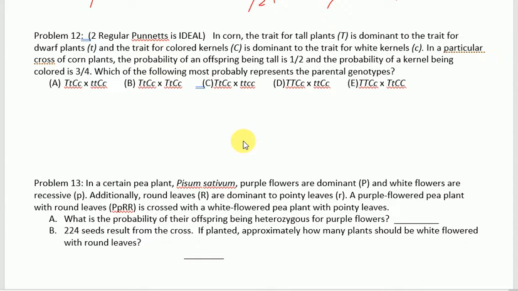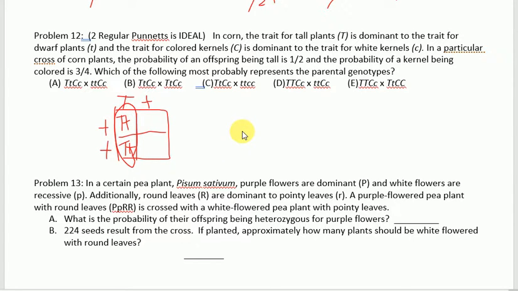So, based on what we know of our ratios, 1/2, in order to get a 1/2 of the tall, and you can go through and you could try each one of these, but what we know is that in order to get a half, we have to do a heterozygous with a homozygous recessive, right? Because, right there, that's half.